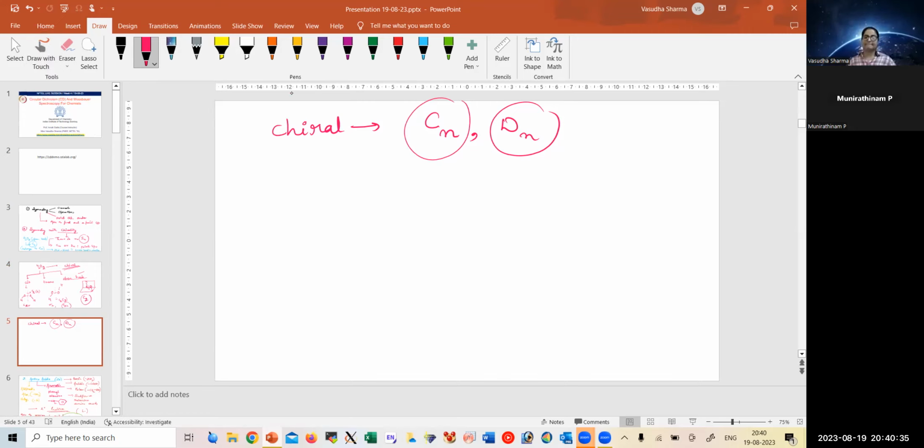So for chirality, the point group should belong to Cn or Dn. Is this true or not?